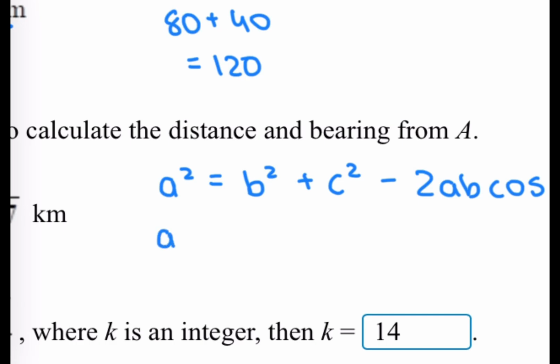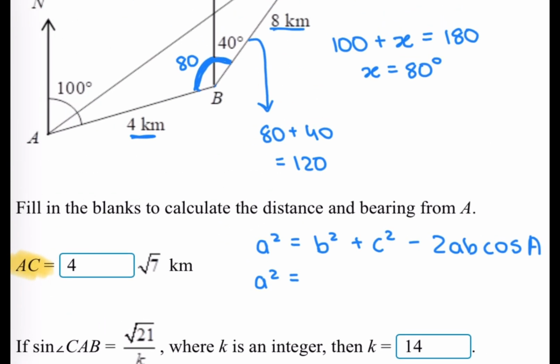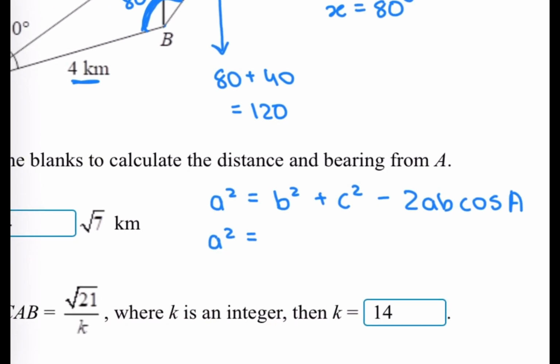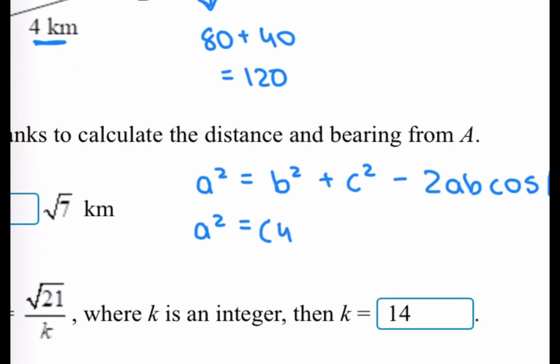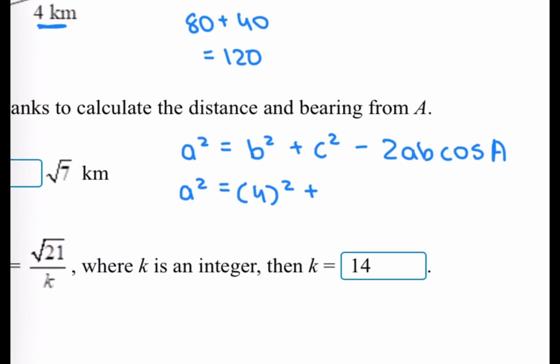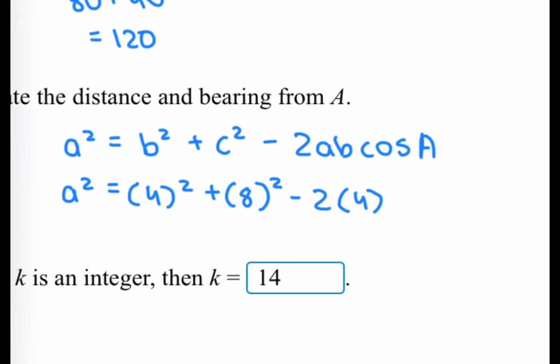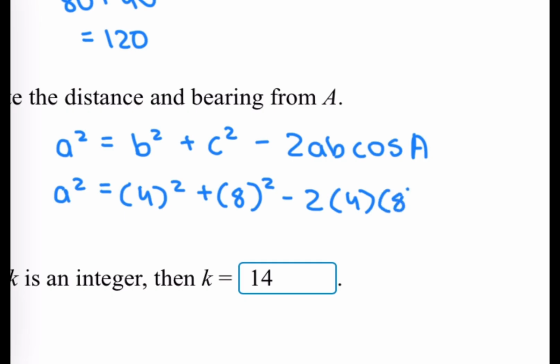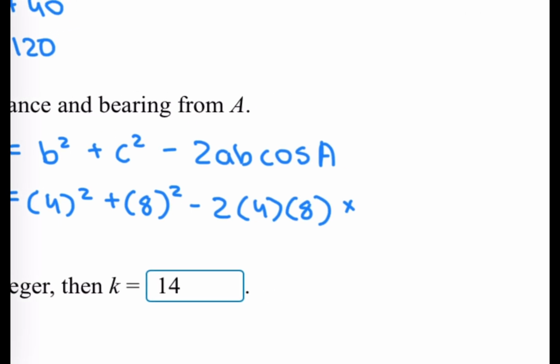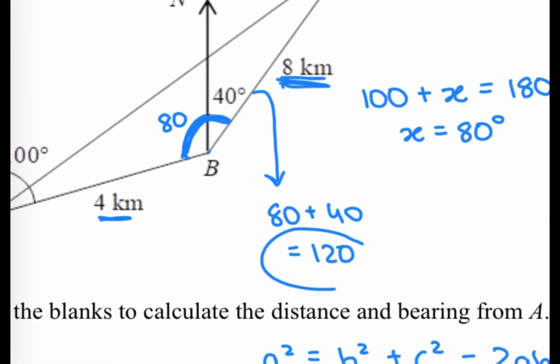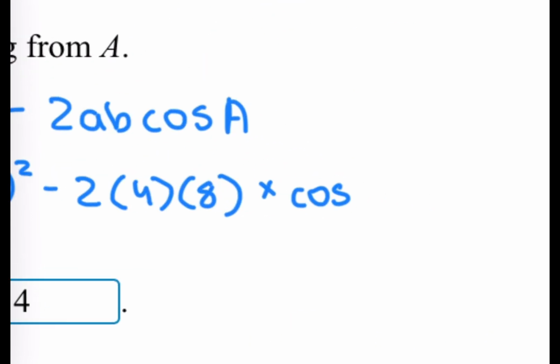So a squared is equal to b squared, so b can be 4, so 4 squared plus c squared, which is 8 squared, minus 2 times 4 times 8 times cosine A. So A is the angle that we have, which we got as 120. Cosine 120.